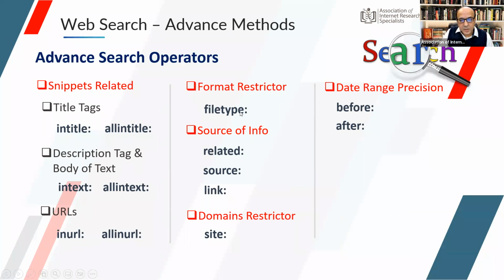Whereas in the format restrictor filetype, it has to be a file type that, at the time of indexing, is available, given as a list of types of extensions or formats that would be putting those documents in their original formats, like PDF, Excel, and so many others.